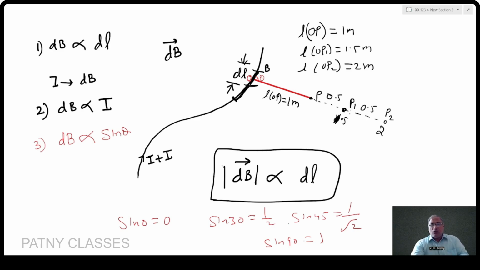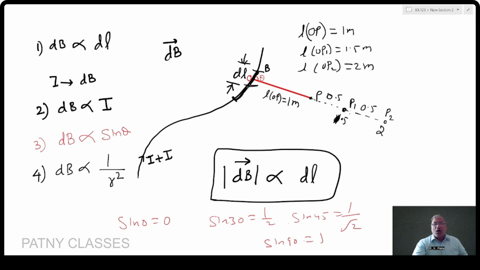So we can say that the magnetic induction is inversely proportional to the square of the distance between the point P and the point O. O is selected at the center of dl. As the distance increases, the value of magnetic induction will decrease. So these are the 4 factors that decide the value of magnetic induction at the point P.